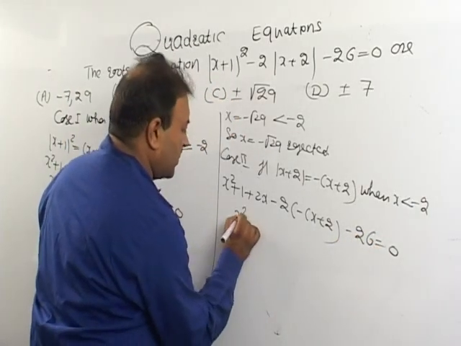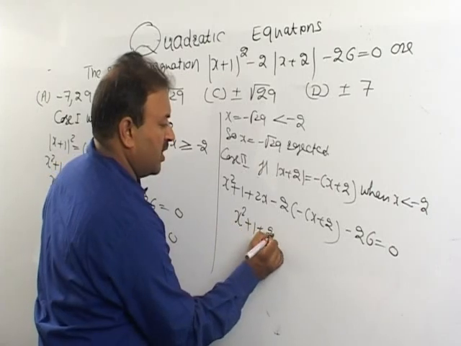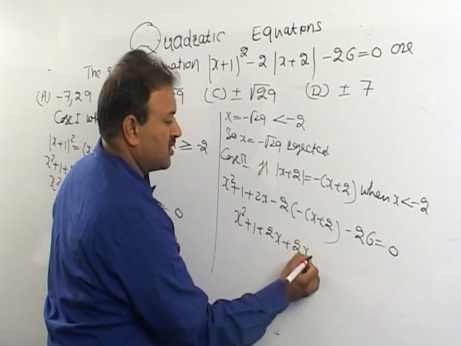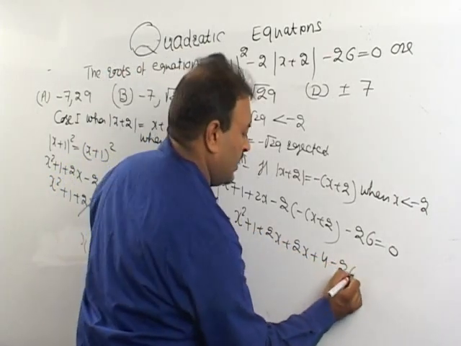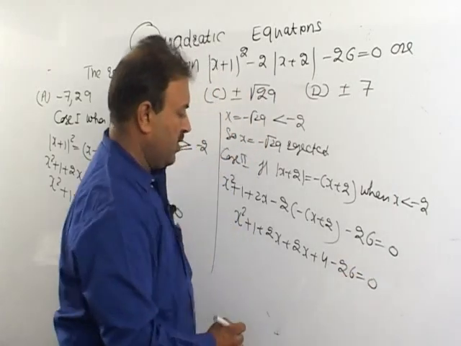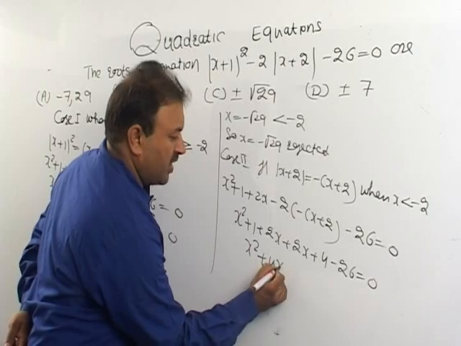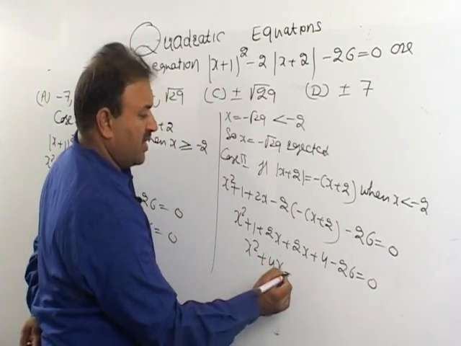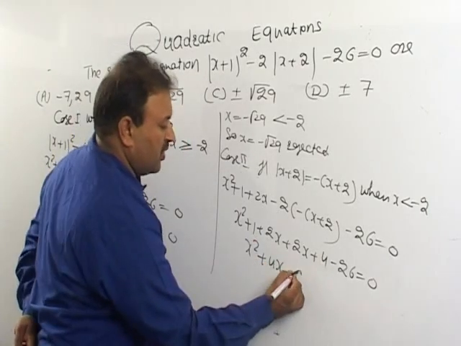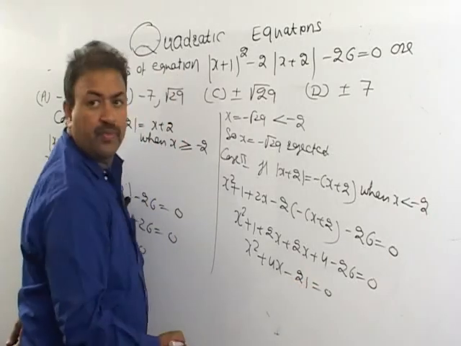Now it is x square plus 1 plus 2x plus 2x plus 4 minus 26 is equal to 0. This x square plus 4x minus 21 is equal to 0.